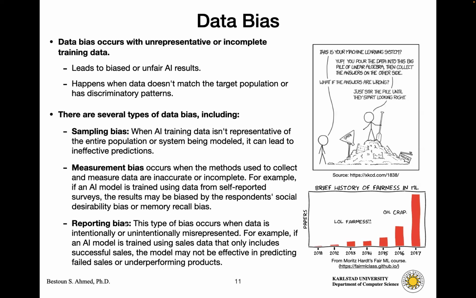For example, if the AI model is trained on self-reported data, you may get some bias toward yourself or toward your company, or sometimes the company reports itself. So the reporting itself sometimes creates a bias problem with the data.